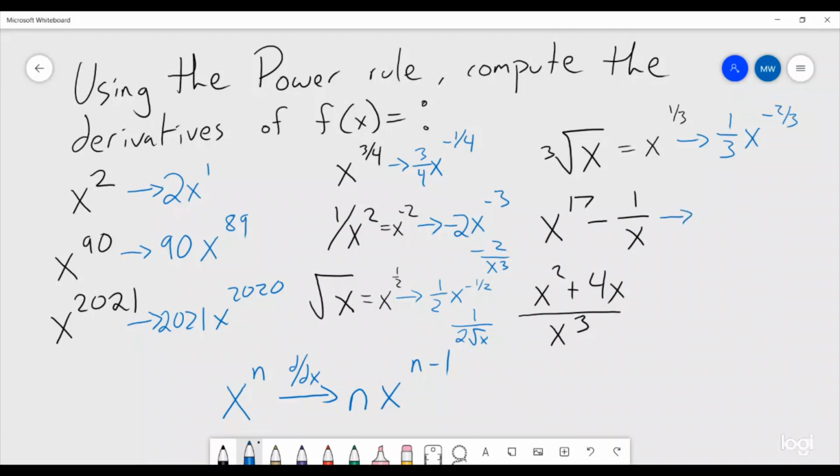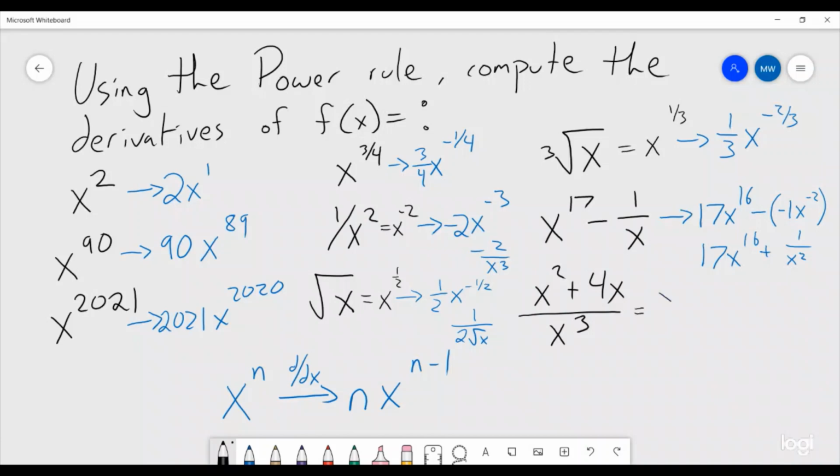So this one goes to 17 x to the 16. 1 over x is the same as x to the minus 1, so that becomes a minus negative 1 x to the minus 2, or 17 x to the 16 plus 1 over x squared. And then the last one, x squared plus 4x over x cubed. We could do this with the quotient rule, but we could also break this up and use the power rule.